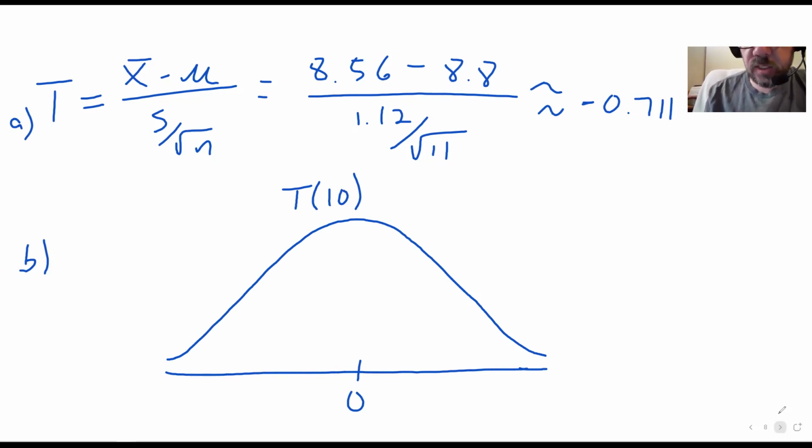And we had a t-score of negative 0.711, so something like this, negative 0.711. So everything on the x-axis here in a t-distribution is a t-score. So that's why we have to find them in order to use our t-distribution.